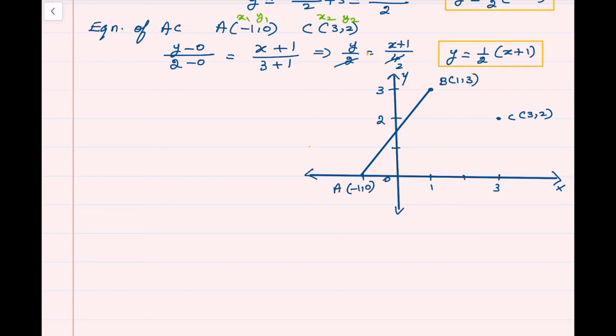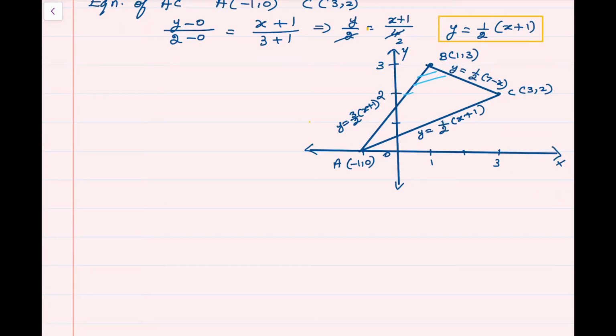Let us write the equation of AB, which is y is equal to 3 by 2 times x plus 1. The equation of BC is y is equal to half into 7 minus x. And the equation of AC is y is equal to half into x plus 1. Shade the region. This is the area to be calculated.